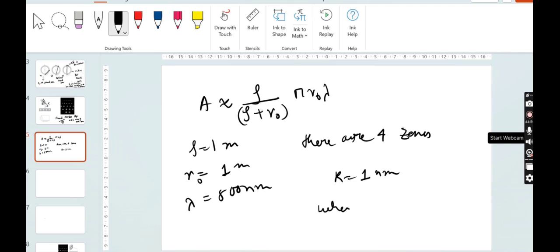And when r is equal to 1 centimeter, there are 400 zones. So that means NF is 4 and NF is 400.